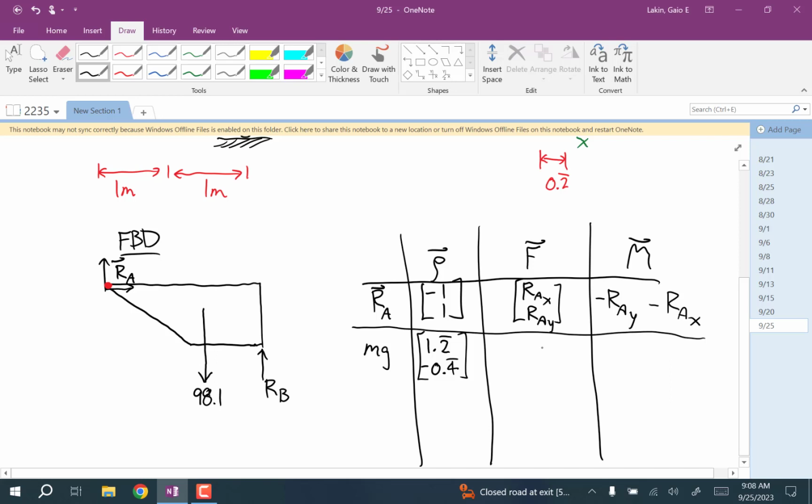The weight force is, oh, and one thing too. I just spent 12 seconds thinking about what that y component of that rho vector is. But notice that the line of action for this force is this, so it doesn't matter. I'm going to actually make this 0. So 0, negative 98.1. Can someone multiply 1.2 repeating by negative 98.1 for me?